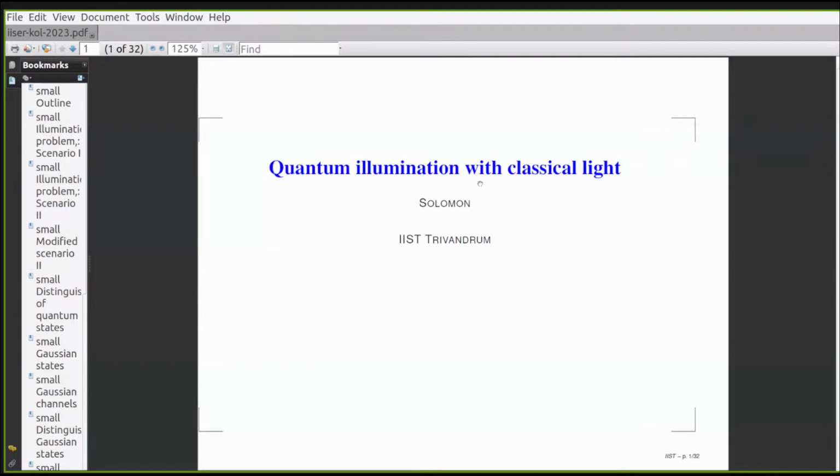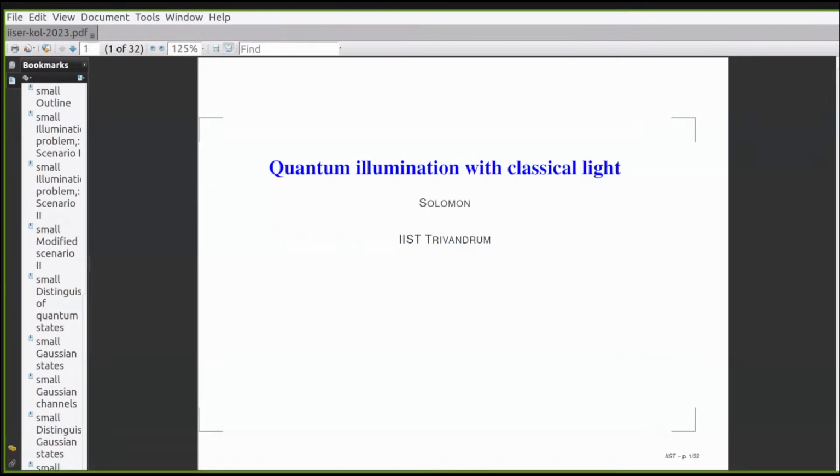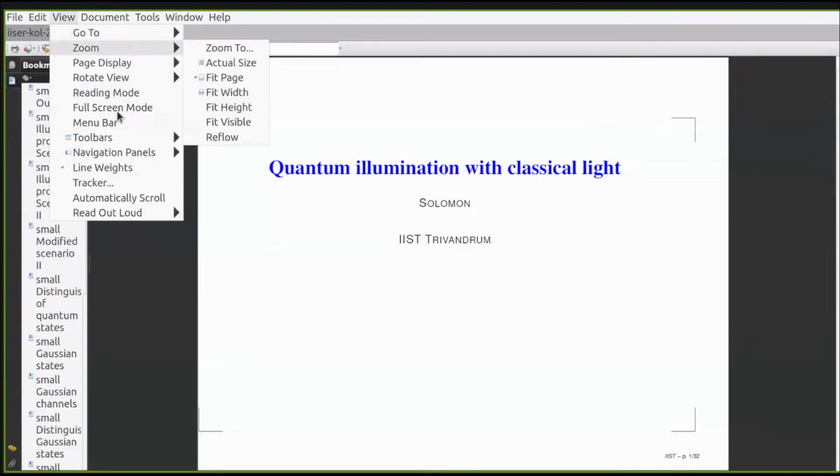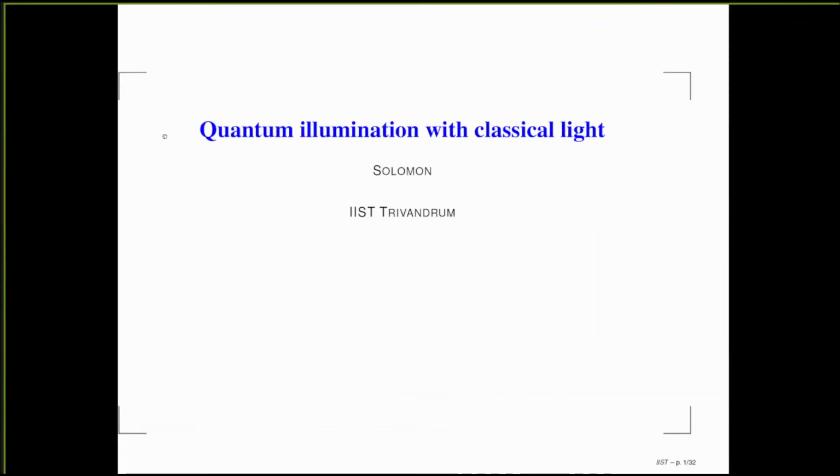Can you see the screen? Yeah, that's fine. Can you kindly make it full screen? Yes, I will do full screen. Yeah, fine. Now you're able to see, right? Yeah. Perfect. So yeah, please go ahead.